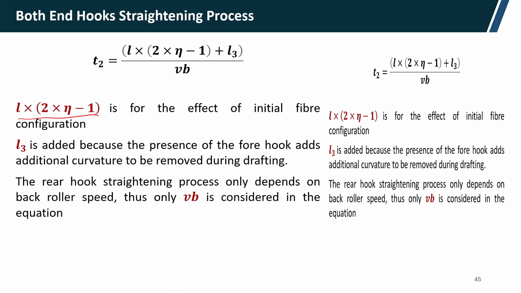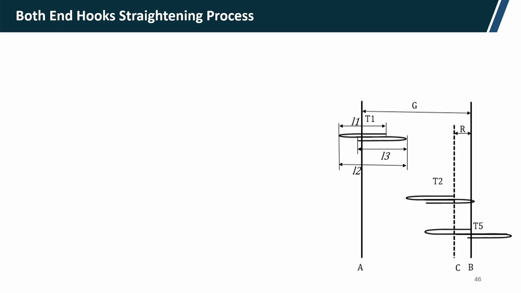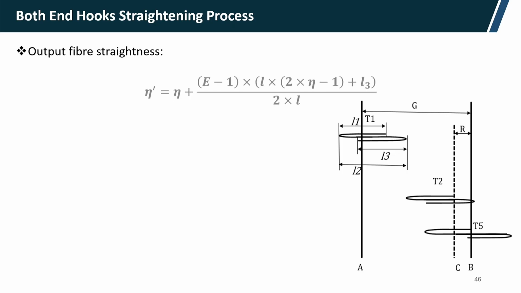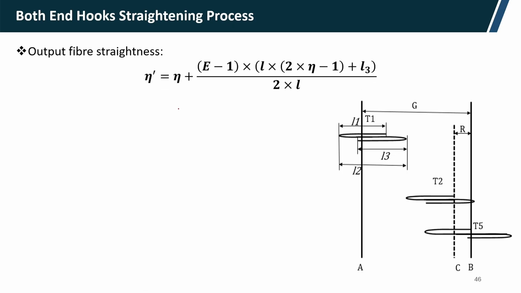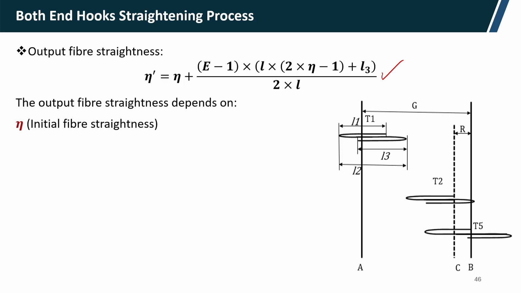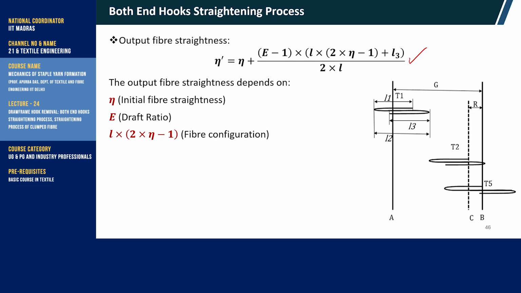The rear hook straightening process only depends on the back roller speed, thus only VB is considered. Output fiber straightness is given by this relationship, where output fiber straightness depends on the initial straightness, draft ratio and fiber configuration.